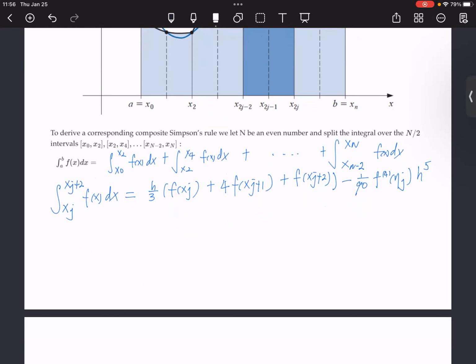So for some eta_j in the interval xj to xj+2, we have 3 nodal points for each subinterval here. So I'm going to sum up.